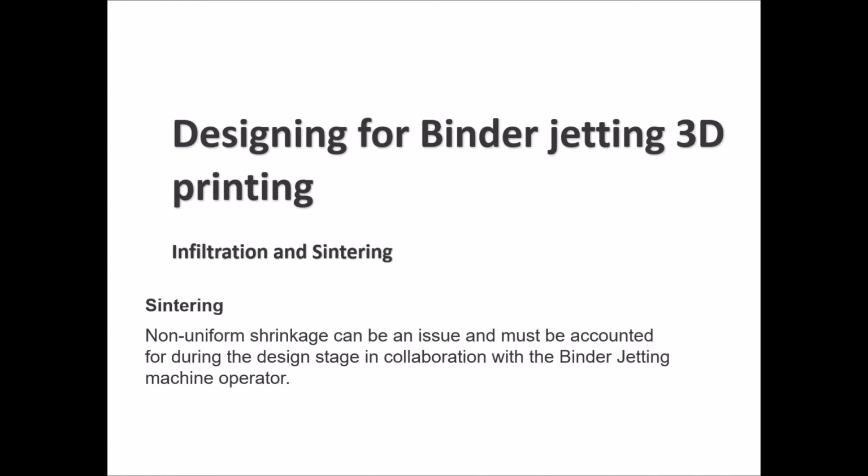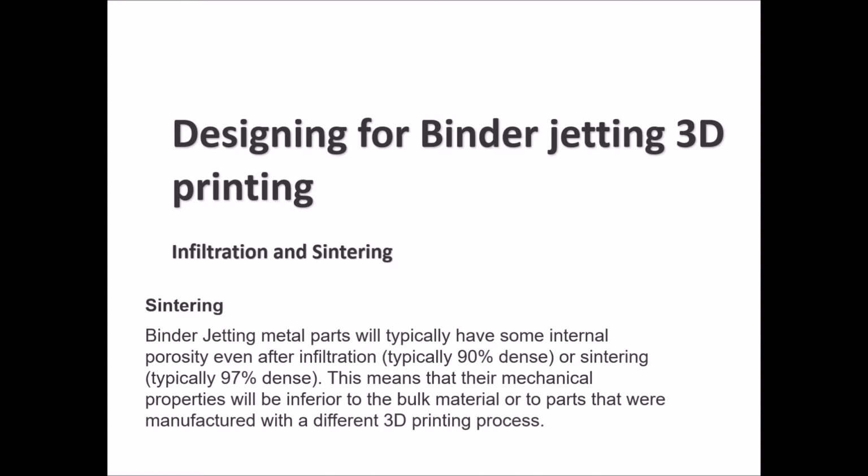If you are trying to use the binder jetting technique with an outsource, then you want to talk with the machine operator: what is the application for your part and what are your expectations to keep in mind? For sintering, the binder jetting parts will usually have internal porosity even after you add more material with infiltration.